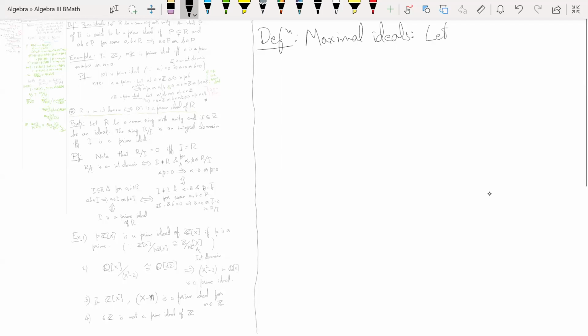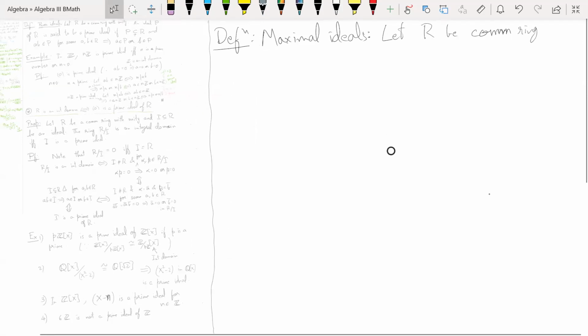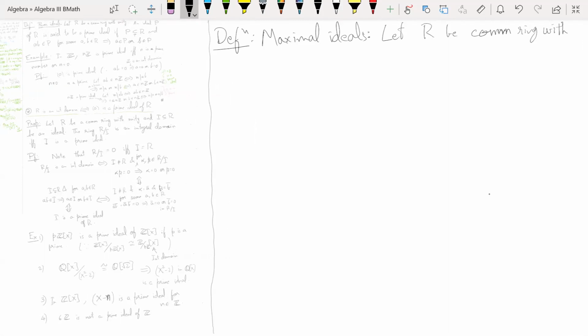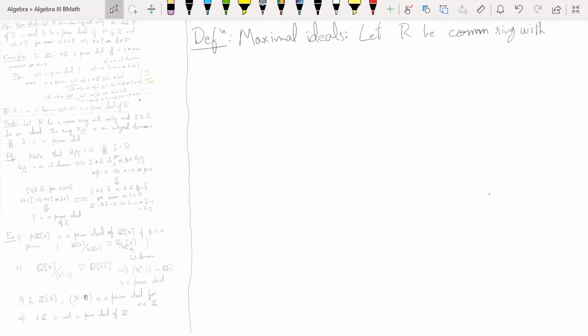We'll always assume our rings are commutative rings with unity. So let R be a commutative ring with unity.